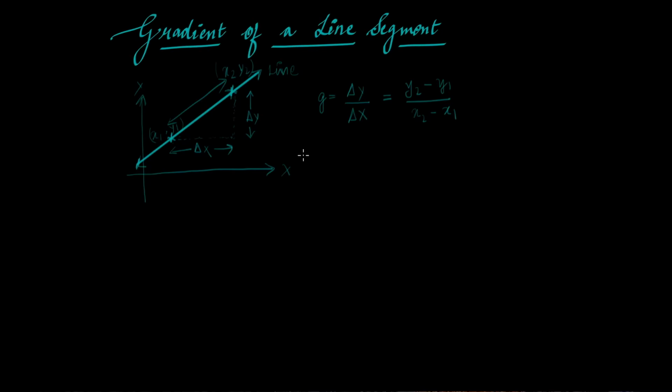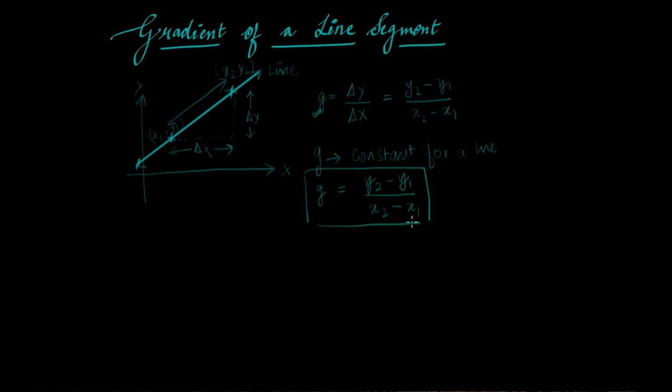So, another important characteristic of a line is that the gradient is held constant throughout the line. And by that I mean that the gradient is a fixed value, a constant for a line. And if we want to measure g for a line, all we need to do is pick out 2 points, use their y values and their x values, put them in this form, and evaluate that ratio to get the value of g.